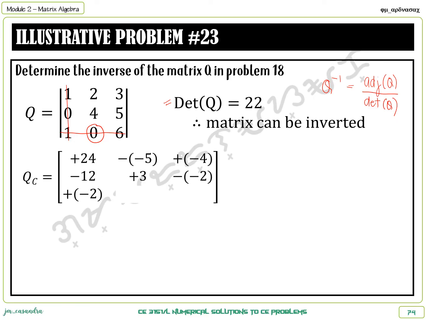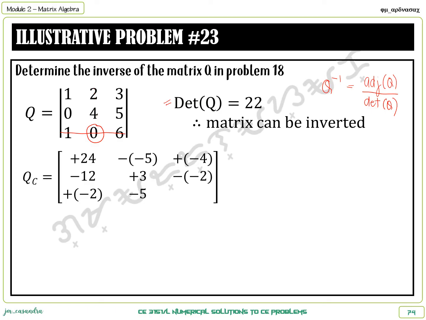So that will now be equivalent to negative 2 times 5 minus 4 times 1 times 5 minus 0. So that is equal to negative 5.